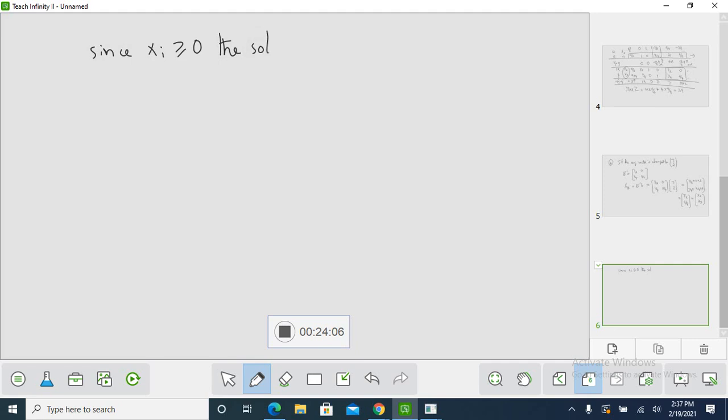There is no problem, there is no change. The solution is feasible. And what happens to my x2 value? My x2 value is now becoming 5 by 2, and my x3 value is becoming, I think, 9 by 4.